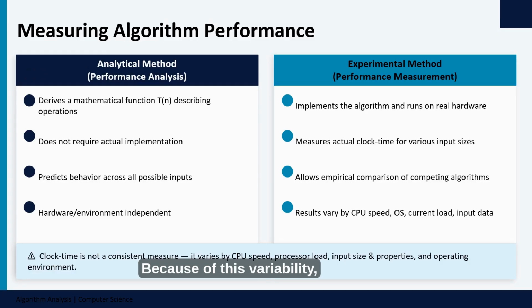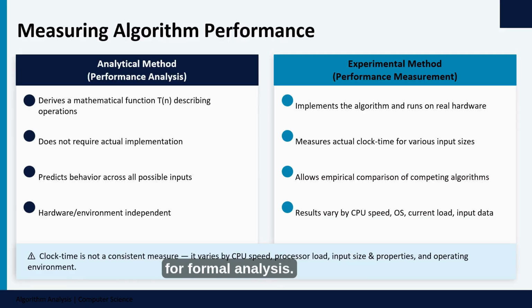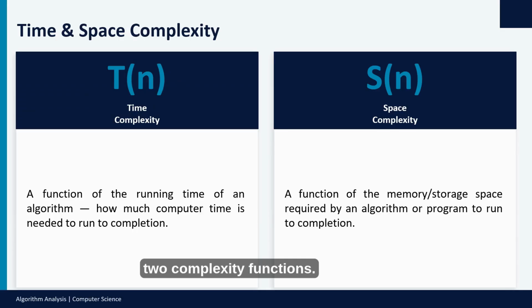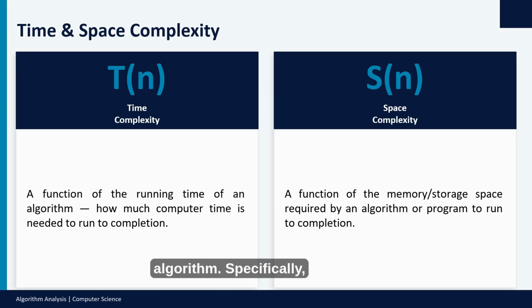Because of this variability, clock time alone is not a reliable, consistent measure of algorithmic efficiency. This is why we prefer the analytical approach for formal analysis. We formalize algorithmic performance using 2 complexity functions. Time complexity, written T of n, is a function that describes the running time of an algorithm.